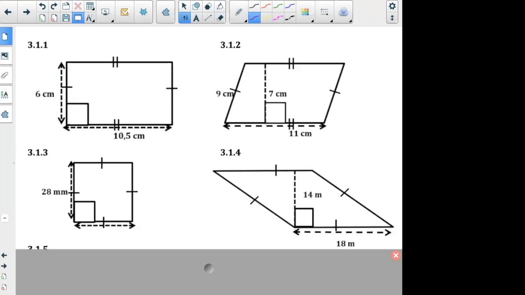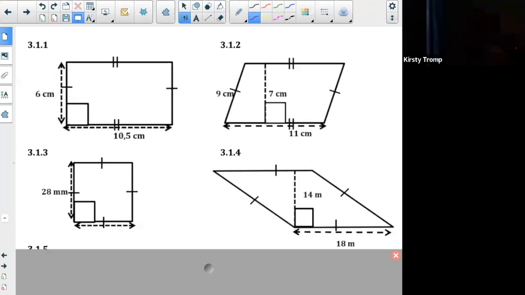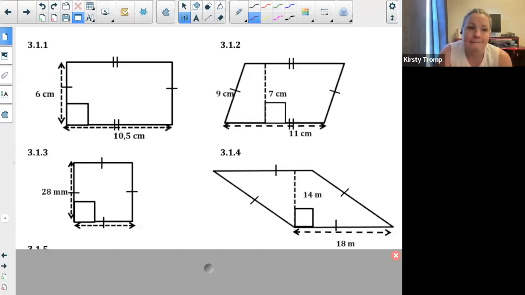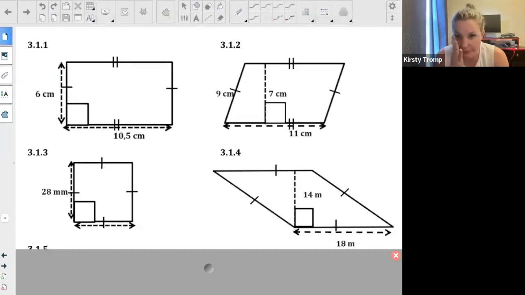One more minute left. Okay, guys, that's 4 minutes. It goes so quickly. That is your 4 minutes done.